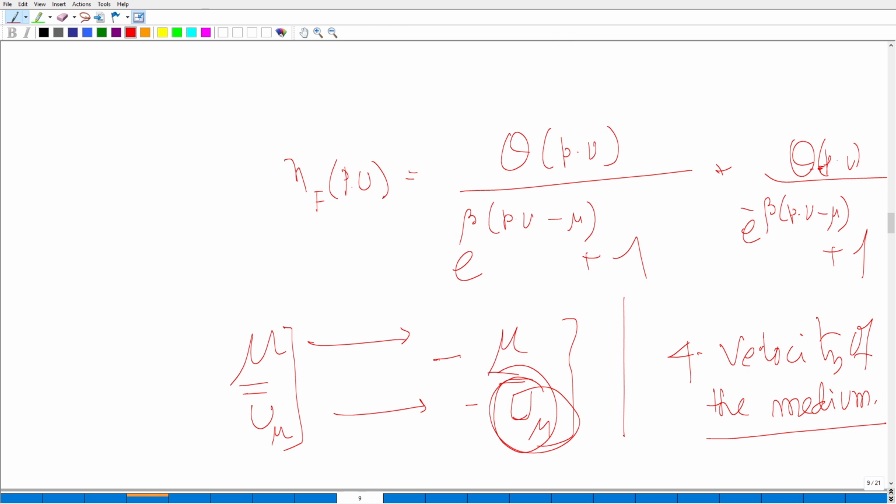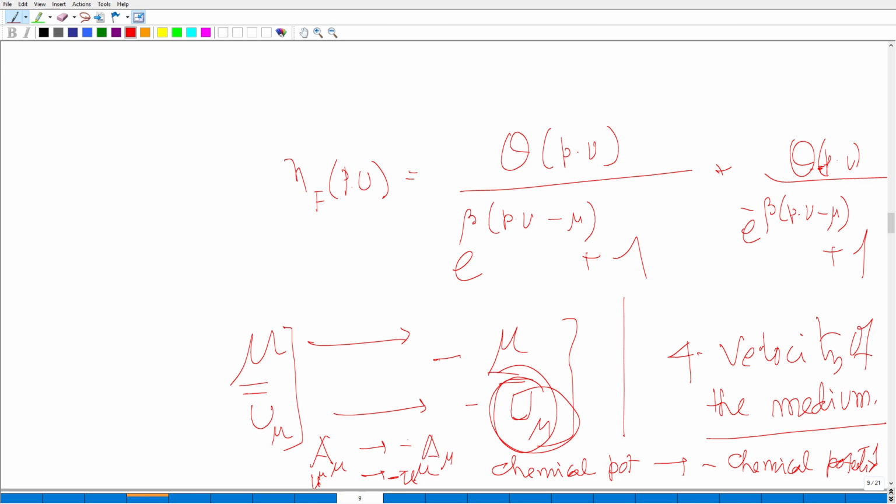So, under charge conjugation, not just a mu would go to minus a mu, we have u mu going to minus u mu, and chemical potential should go to minus of chemical potential. So, this completes the description of CPT carrying factors in a Feynman diagram.